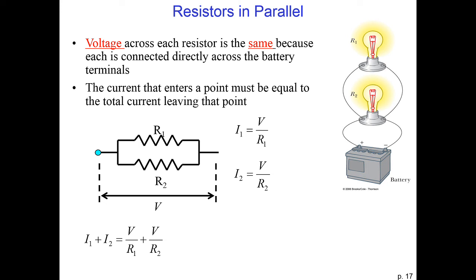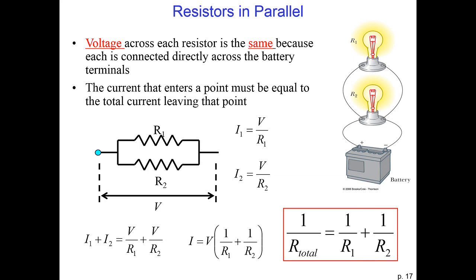So that means the total current I is equal to the voltage times 1 over R1 plus 1 over R2. That means that 1 divided by the total resistance is equal to 1 divided by R1 plus 1 divided by R2. So this will require a little bit more algebra, but this allows us to solve for the resistance in parallel.